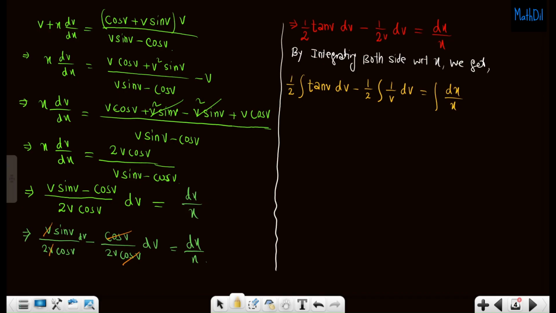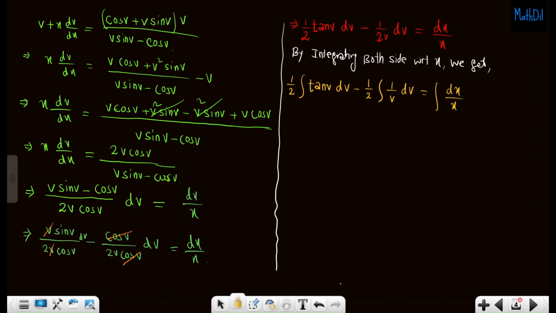Students, you know the integration of 1 by v dv, right? It will be log v, and integration of this will be log x, right? But what about this one? Students, don't worry, this is nothing but just the standard integration, right?